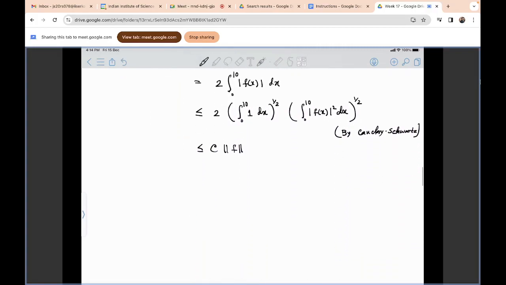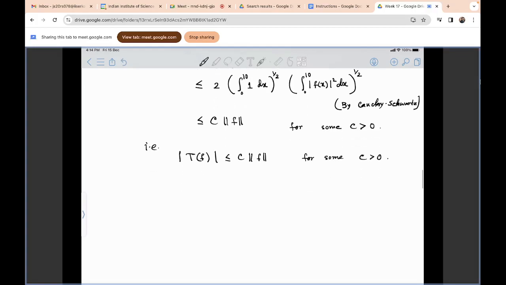So what we have got is, for some c, the norm of T(f) is less than c times the norm of f, with c positive. What is the meaning of this? It implies T is a bounded linear functional.